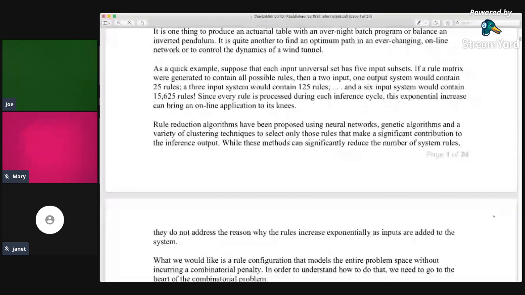And so Bill decided that no one was looking at the fundamental reason for this explosion in the rules. And so he went through and developed what he called the union rule configuration for fuzzy rules.